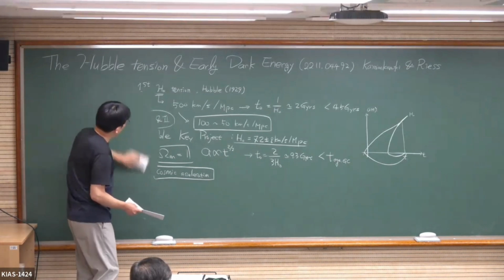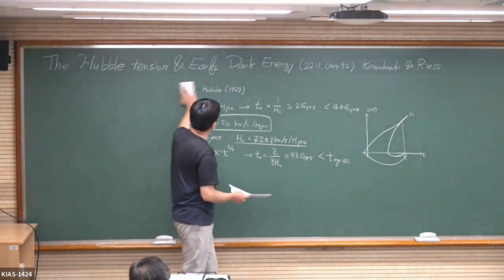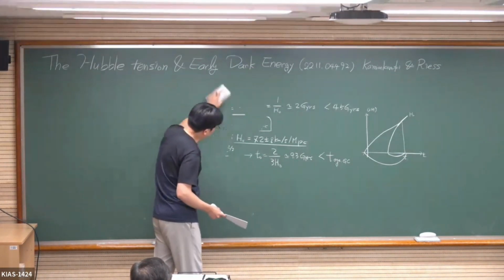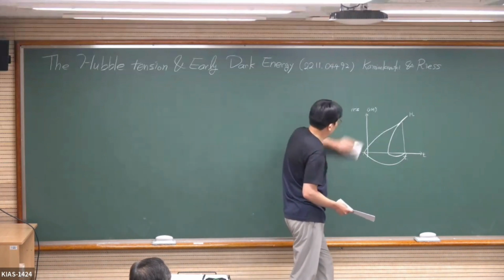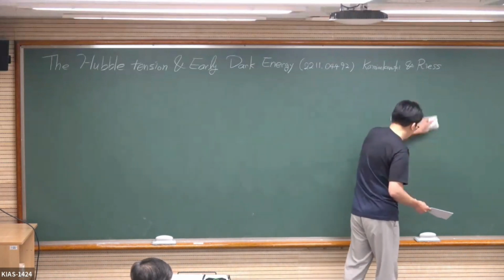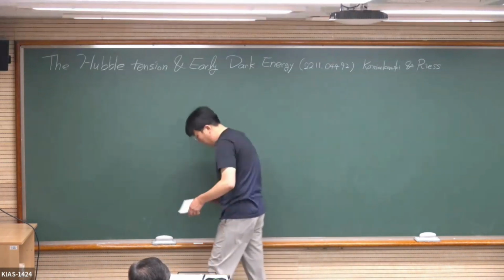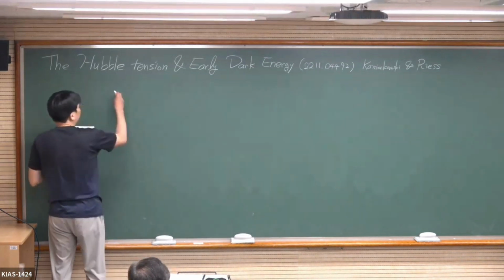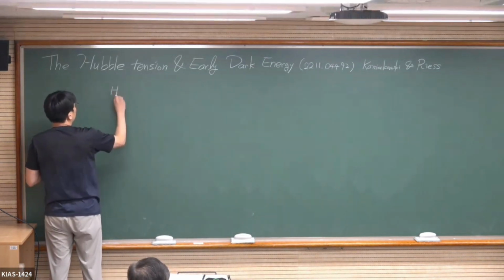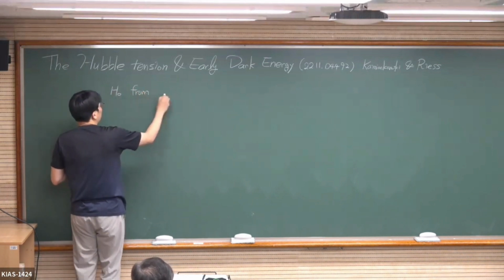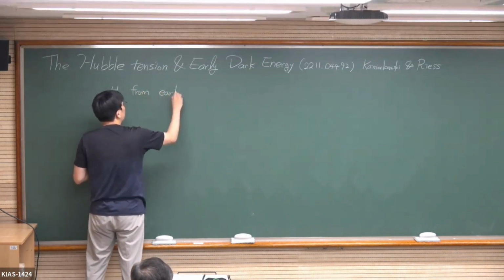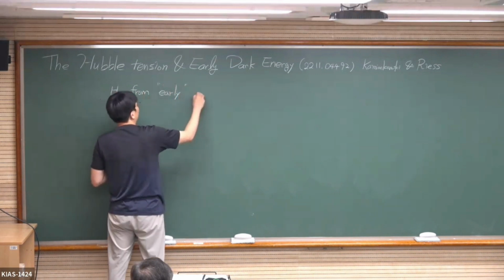Cool. So the Hubble tension we are facing right now is a tension between Hubble parameter measurements that we have done with two different methods. The first category is H naught from early measurement. I'll specify what early means.